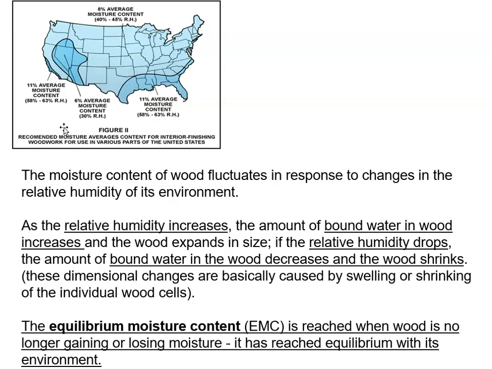So not surprisingly, the average moisture content also changes a lot, from some drier areas down to 6%, and a tiny sliver here of California, but here in the southeast up to 11% moisture content. As relative humidity increases, the amount of bound water increases and the wood expands, and as it drops, the bound water decreases and it shrinks.